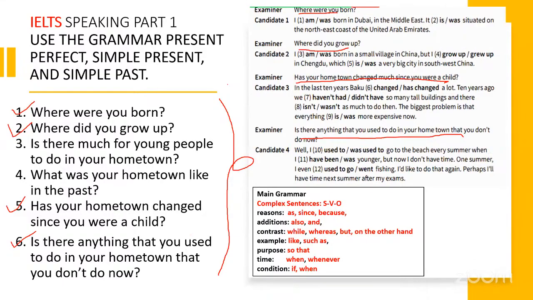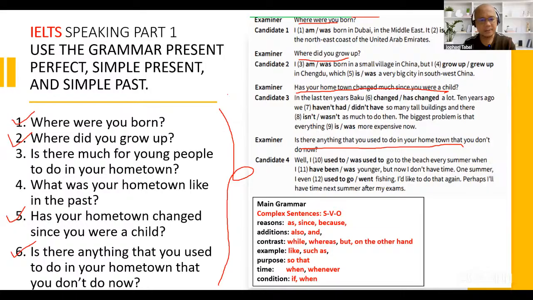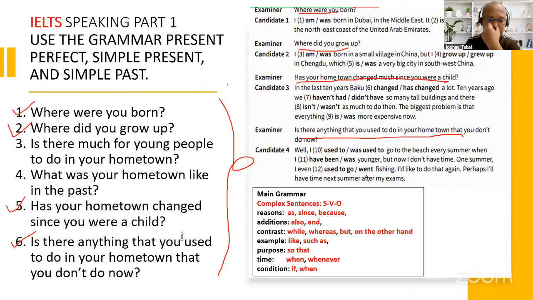It was a developmental village in the past. Since I was a child, there were many buildings built.